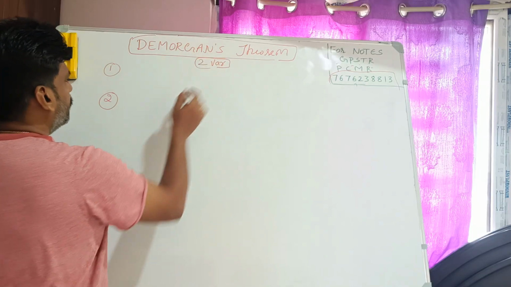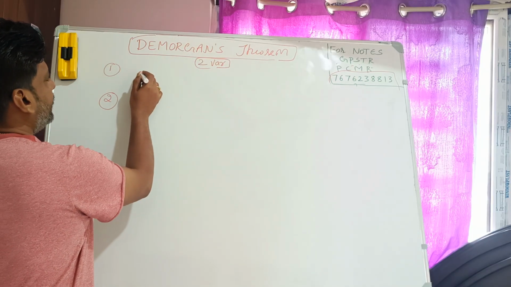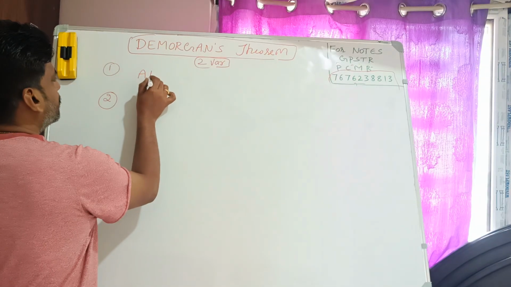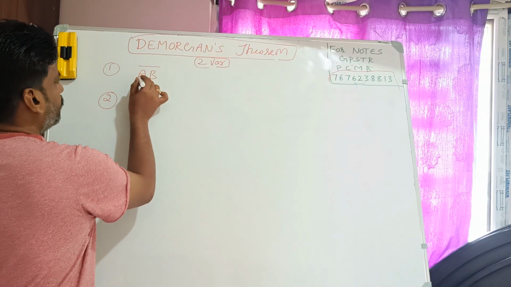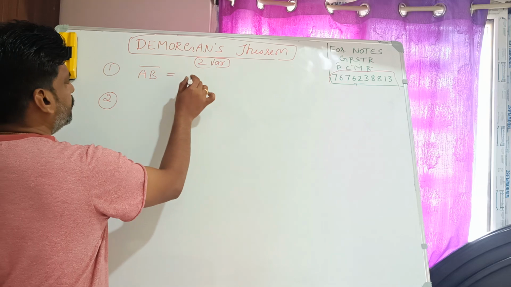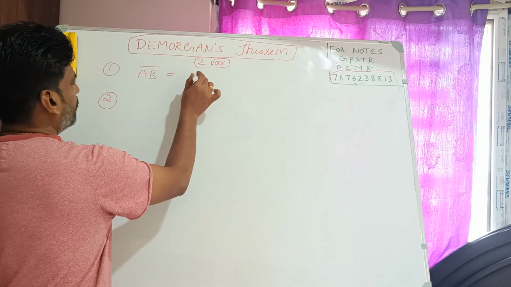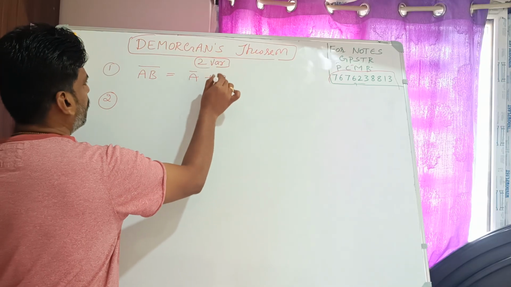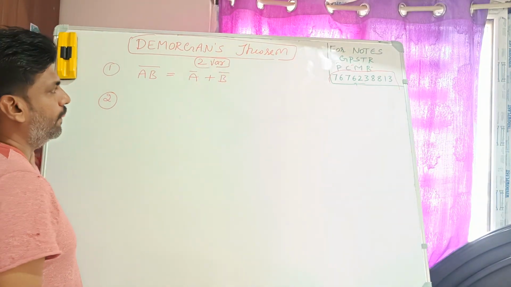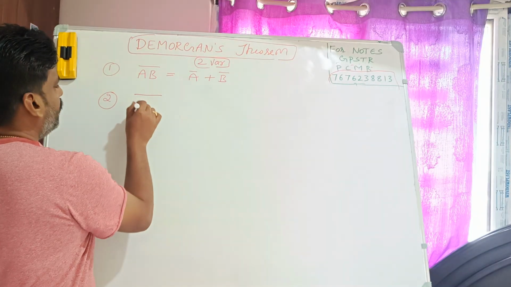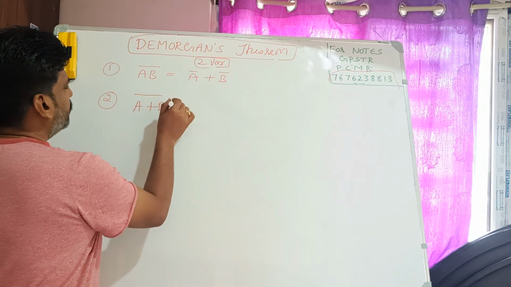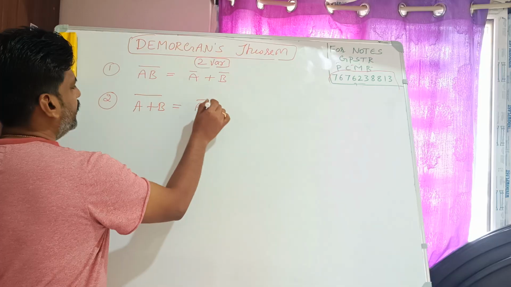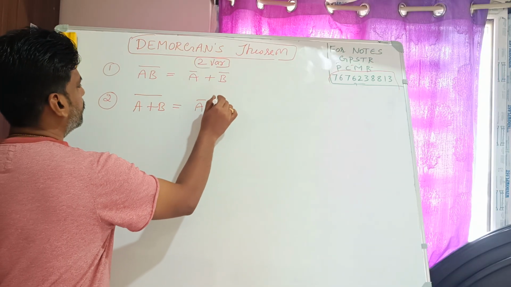Here, first I will take this: the complement of the product is equal to the sum of the individual complements, like this. Second one: the complement of the sum is equal to the product of the individual complements, like this, right?